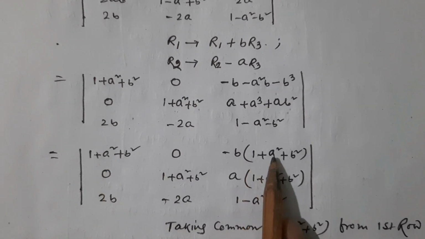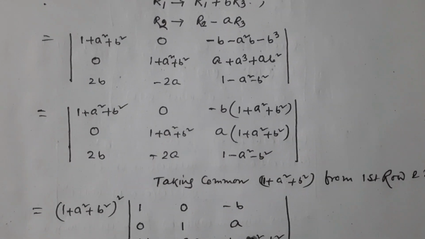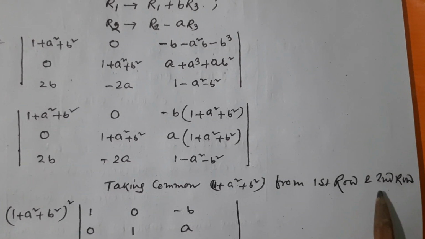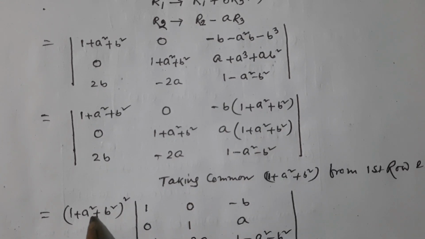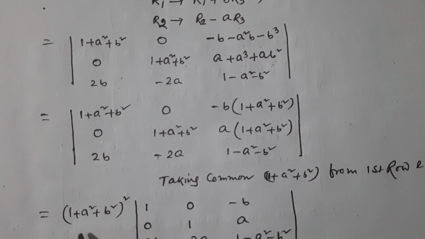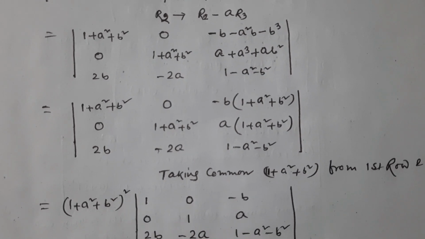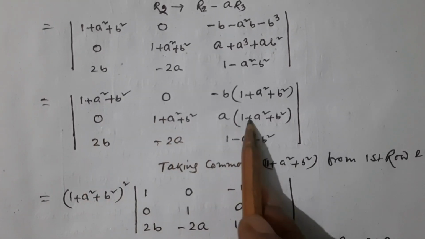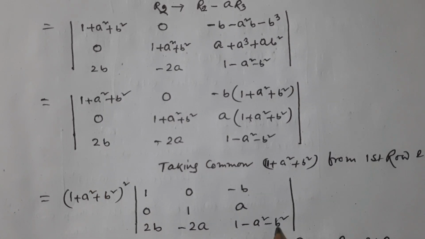Taking common (1+a²+b²) from the first row and from the second row, we get (1+a²+b²)² times the determinant |1, 0, −b; 0, 1, a; 2b, −2a, 1−a²−b²|.